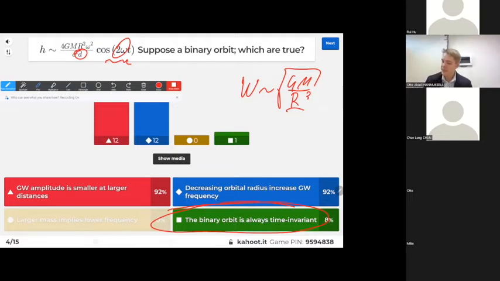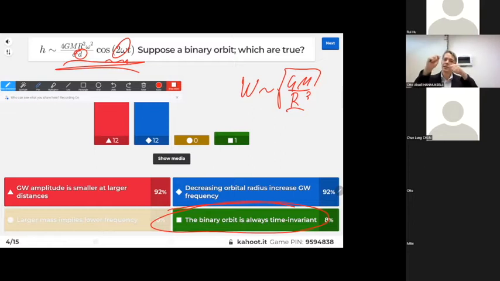The statement that the binary is always time invariant is a bit of a trick question because according to this formula, it is indeed time invariant. But what actually happens is that gravitational waves carry energy, so when the system emits gravitational waves, it draws orbital energy from the system, and because of that, the orbital radius decreases, and the gravitational wave output increases because r becomes smaller, and also the gravitational wave frequency increases.